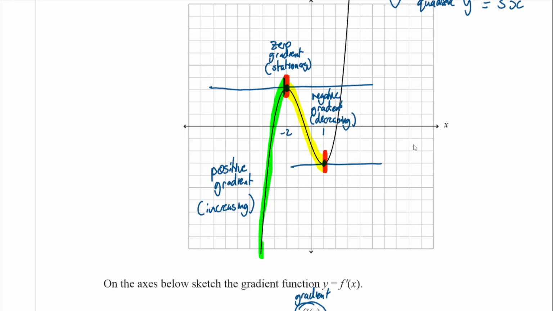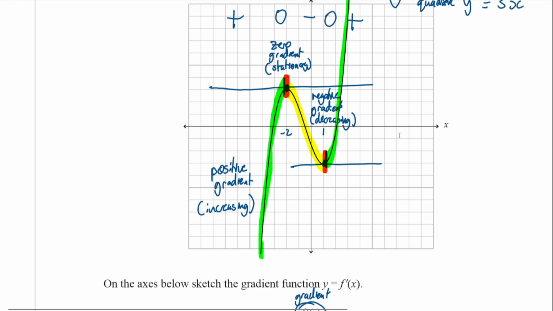Again, at x equals 1, it's stationary, and then from x equals 1 onwards, it's back to increasing. So just to summarize, it goes from positive to stationary, to negative, to stationary, to positive.